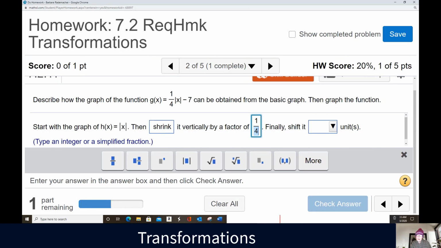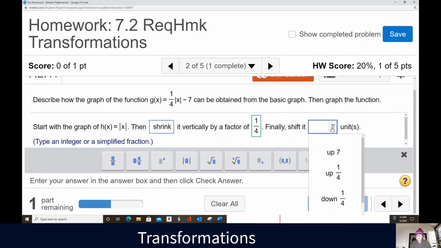Finally, shift it units. Let's look at this. Okay, so up or down. You're going to be shifting 7 units either way you go. But a minus on the outside of the argument means what a minus is supposed to mean.